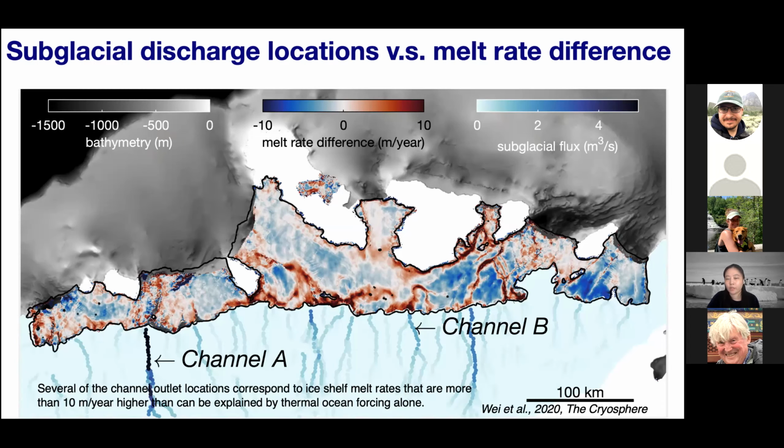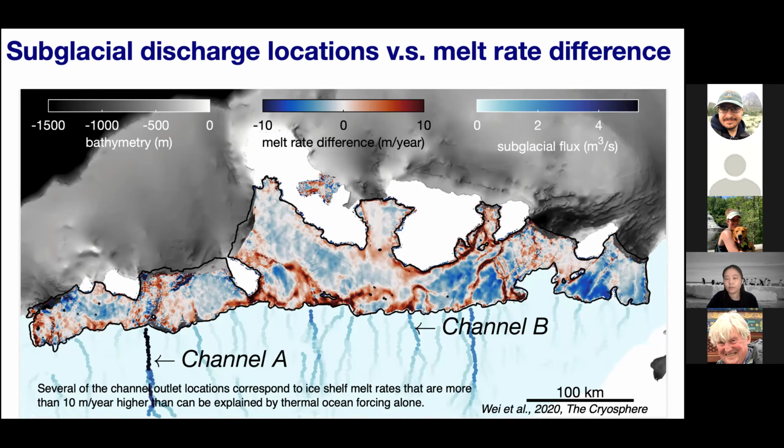As we said, subglacial discharge has been shown to affect the melt rates in marine terminating glaciers in Greenland and Alaska. We explored the relationship between subglacial discharge and the melt rate. These blue lines are the subglacial discharge locations.